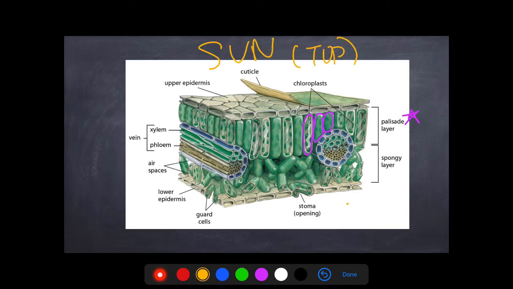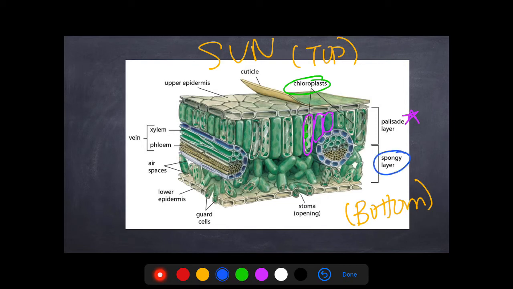This is the top part of the leaf, and this is the bottom part of the leaf. The palisade layer has a bunch of these long cells, each with chloroplasts located inside. So these are your chloroplasts. Remember, they're moving in a circular motion, so they all get a chance to reach the top of the leaf, therefore grab some light energy to make sugar and do photosynthesis.